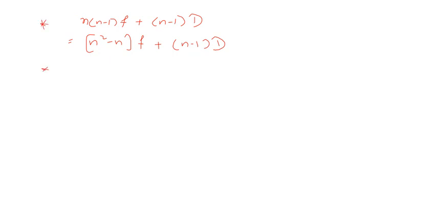For the second step, from the previous one, n minus 1 square minus n minus 1 flops plus n minus 2 divisions.